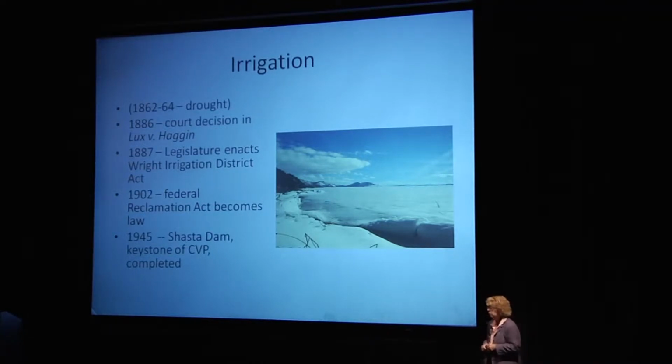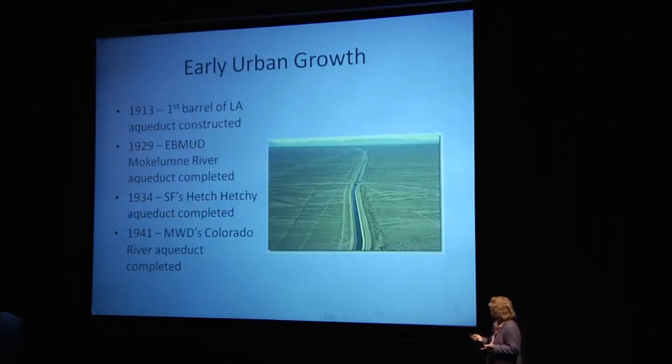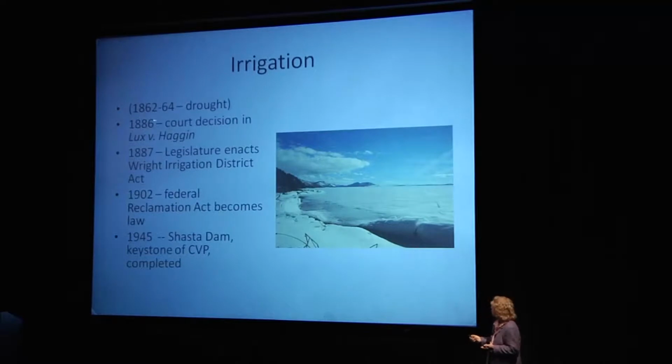So they're thinking about how to go about doing this, and along the way, we have this court decision. I mentioned that the prior appropriation doctrine was something we got from the mining era in terms of the ability to claim a right to water.